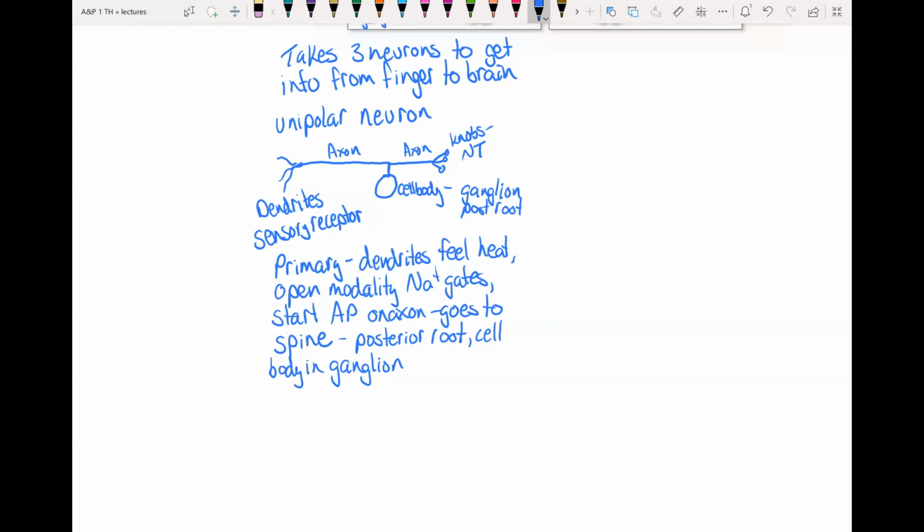And then it enters and it has its knobs in the posterior horn of the spine. And these knobs are now going to secrete neurotransmitter.